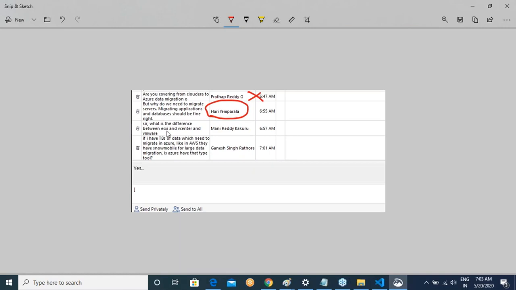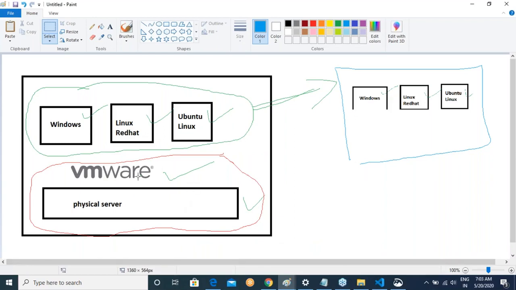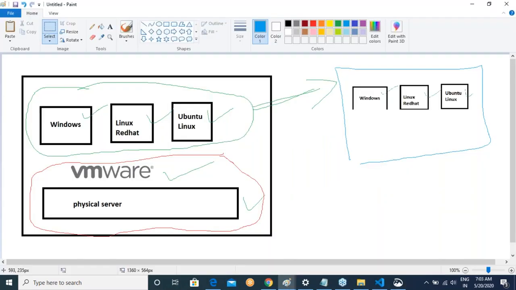What is the difference between ESXi, vCenter and VMware? Let me put it this way. ESXi is just software on a physical server which allows you to create virtual machines. And vSphere and vCenter are the software which help you to manage the virtual machines.